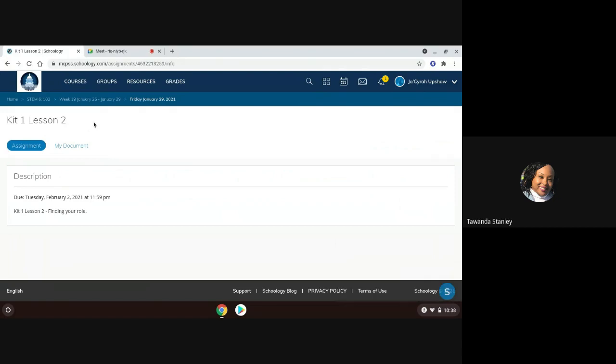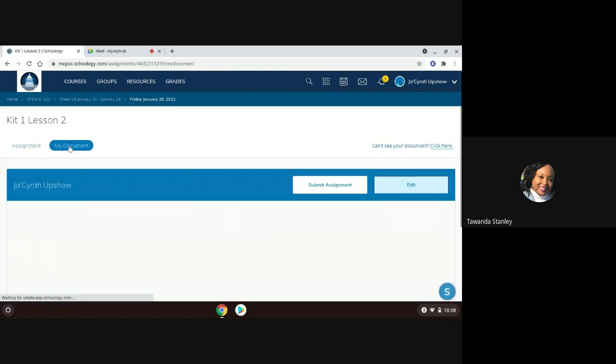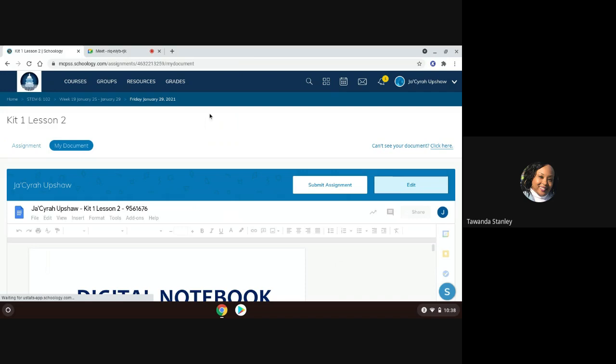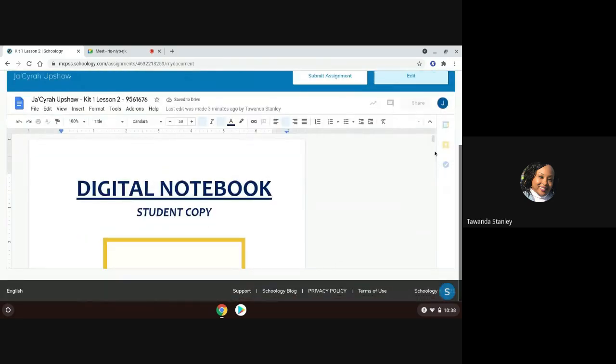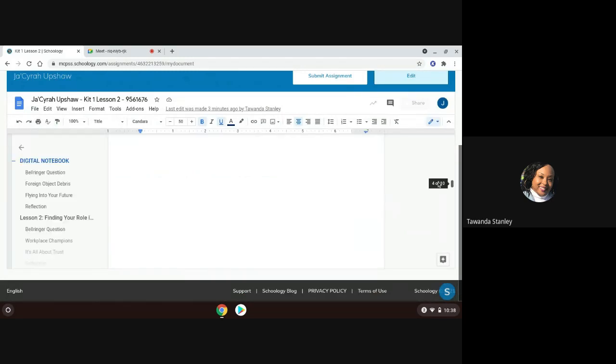Refresh your screen. Go to my document. Scroll down for me. There it is. And scroll down till you find the picture of that nail. Well, it's not a nail, it's like a bolt.